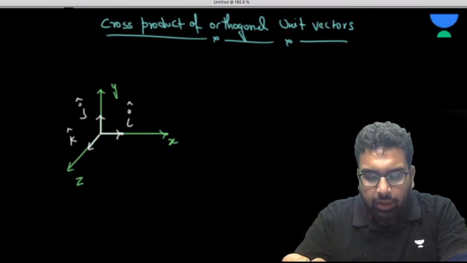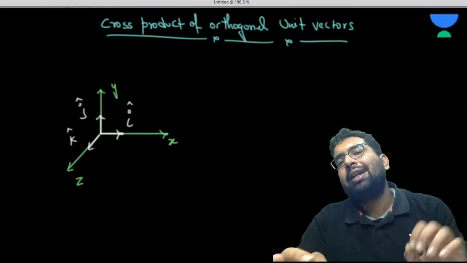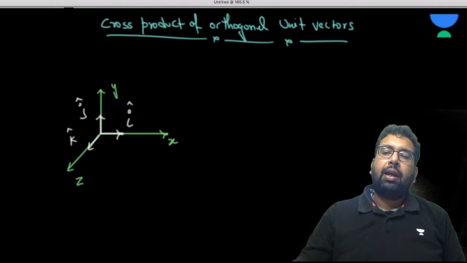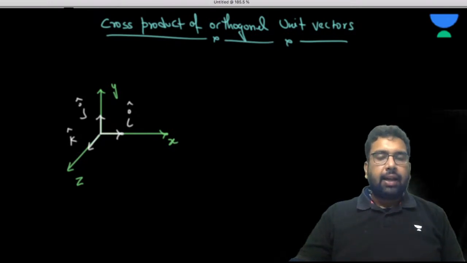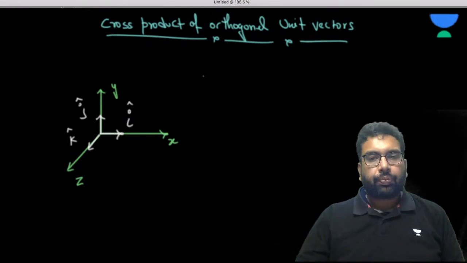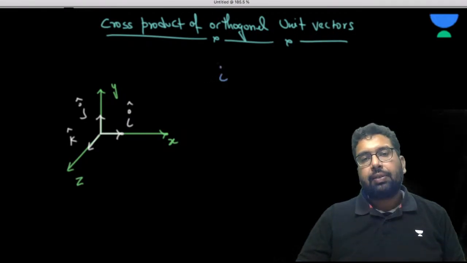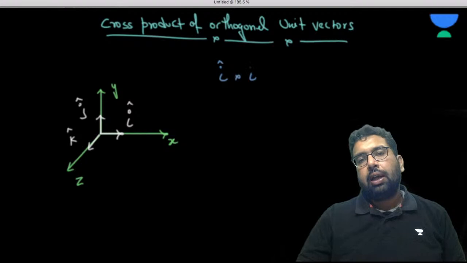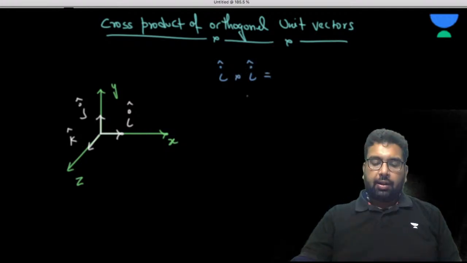I am assuming that we know all these things. So now we have i, j, and k. Let's apply our understanding of vectors here. So if two vectors are multiplied with each other.